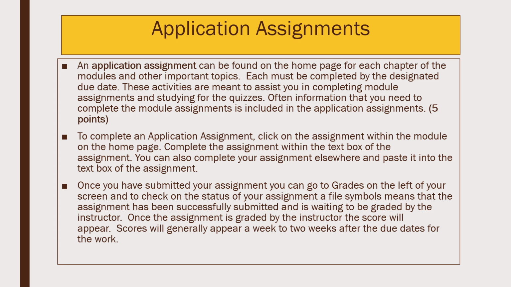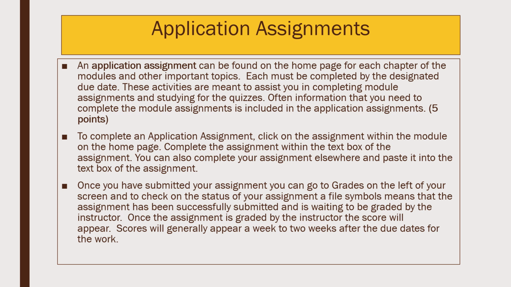And often information you need to complete the module assignments is included in the application assignments, and they're worth 5 points. To complete an application assignment, click on the assignment within the module on the home page. Complete the assignment within the text box of the assignment. You can also complete your assignment elsewhere and paste it into the text box of the assignment.